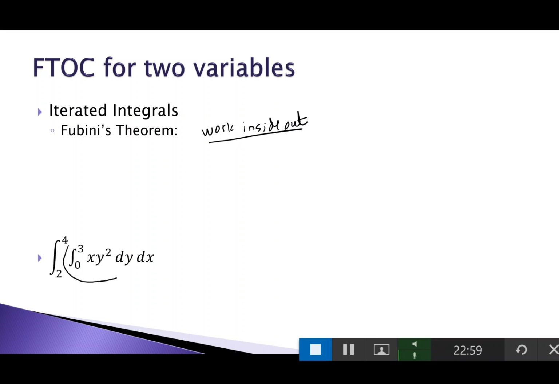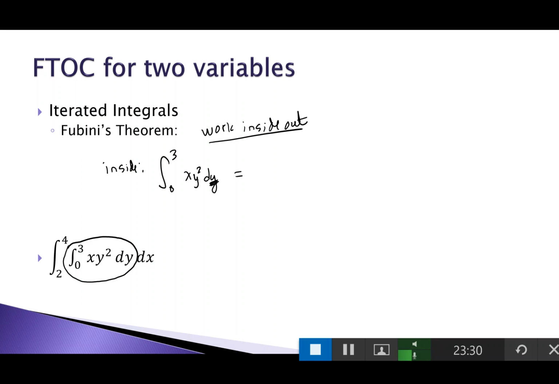So let's take a look. If I'm going to calculate this, I'm going to first calculate what's inside. So I'm going to integrate from 0 to 3 of xy squared dy. Now, how do I take that antiderivative, you may ask? Here's the answer. y is your variable, and just like when we took derivatives, because y is my variable, I'm going to treat x as a constant.